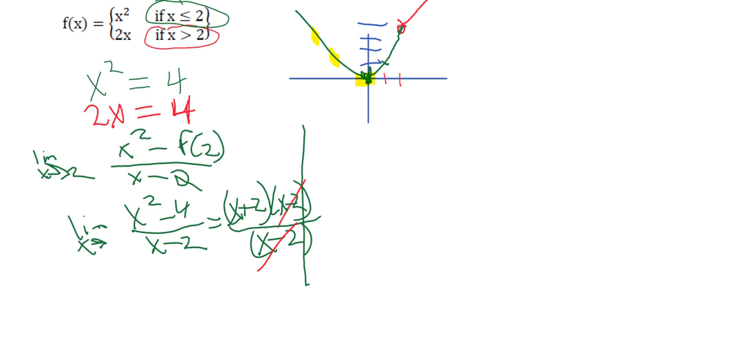And now we're just left with the limit as x approaches 2 of x plus 2. And what do we plug in? We plug in our 2, and we get 2 plus 2 is equal to 4.